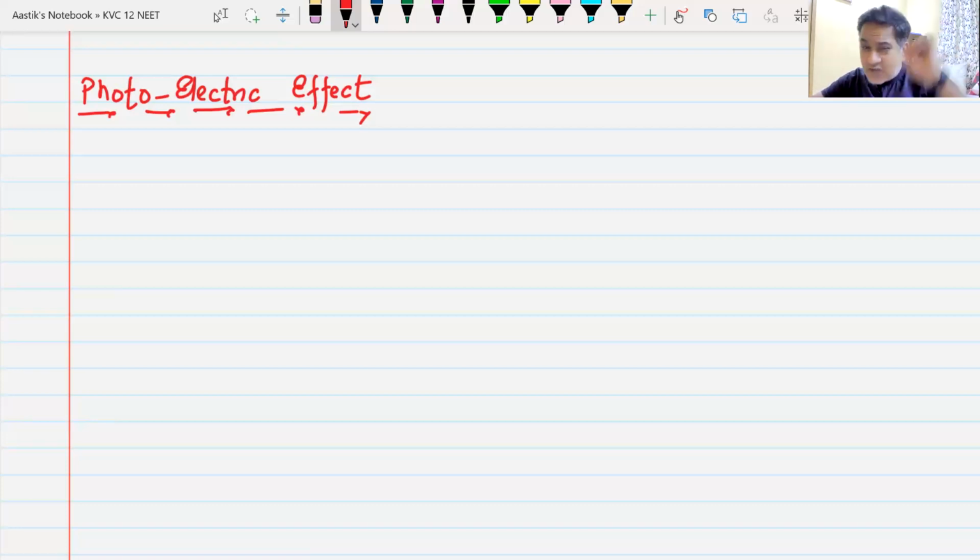Now the question is, how can you give these electrons that much energy? Well, we now know that light has energy. Light has photons. If you allow light to fall on a surface, and if this light has sufficient energy, this energy falling on the surface of a metal can emit electrons.